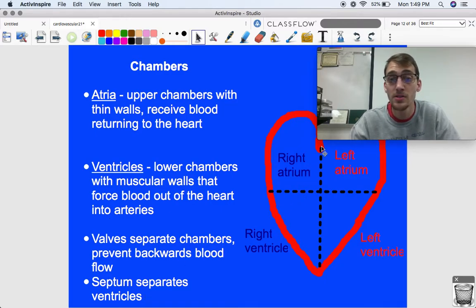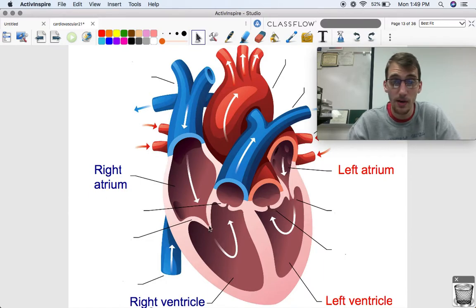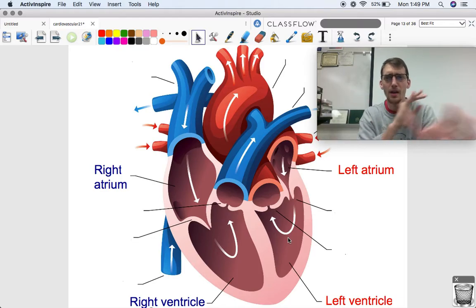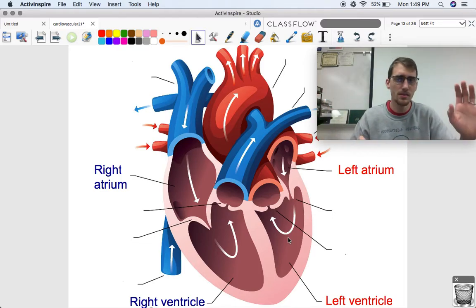And then there's another structure in the middle that separates the 2 ventricles. That is called the septum, and we're going to talk about it and the structures in the septum later on. So here's the septum. It's not labeled on the diagram, but that's what it is. Here's the right atrium, the right ventricle, left atrium, left ventricle. And you might be thinking, wait, isn't this the right and this the left?